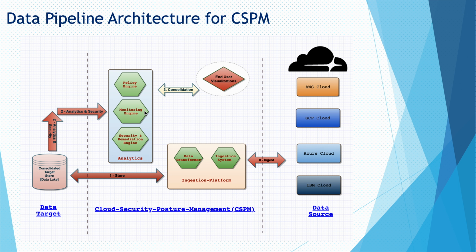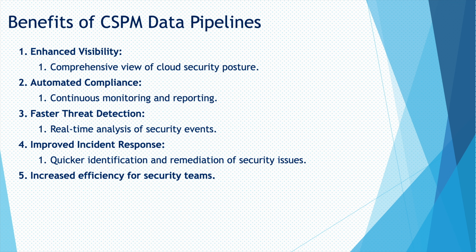etc. So from the overall perspective, you can think data is flowing through a series of steps and finally reaching the end user for the consolidated view. This is the overall architecture of CSPM implementation through a data pipeline. Hope you have got the sense of it. What are the benefits of a CSPM data pipeline?